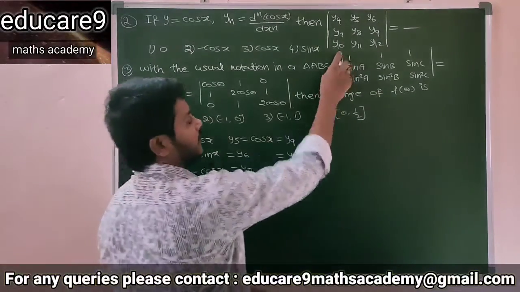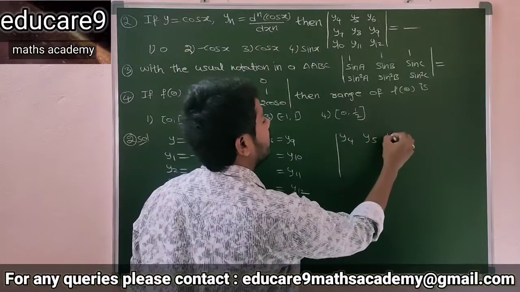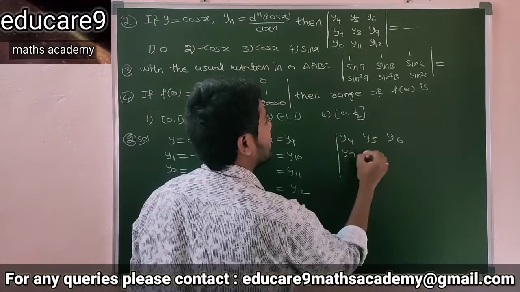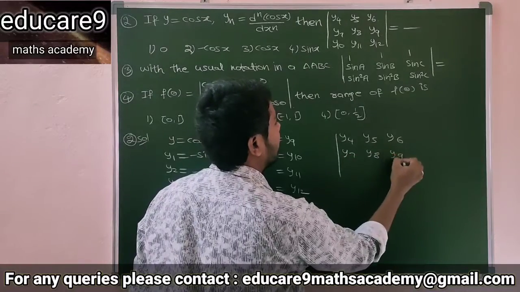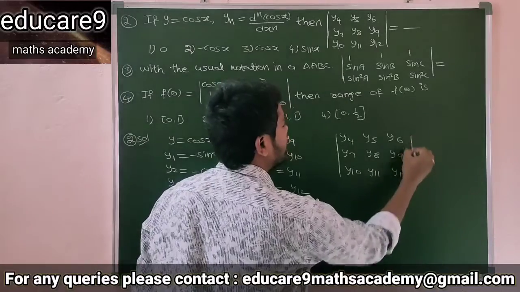Now consider this determinant, that is y4, y5, y6, y7, y8, y9, y10, y11, y12.